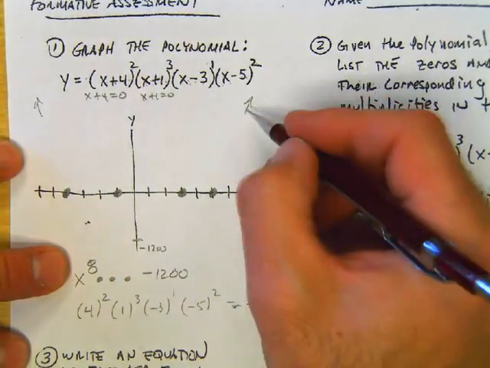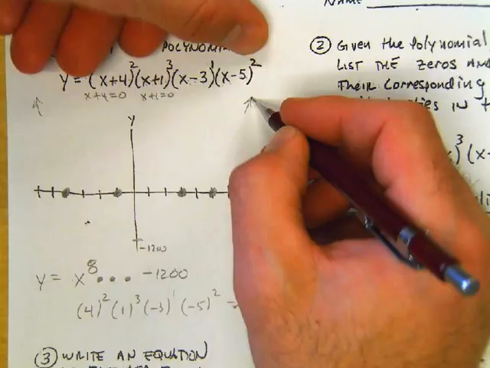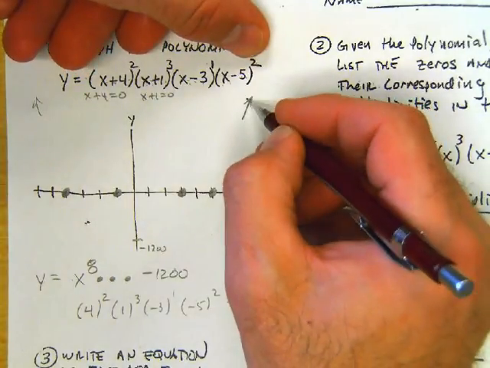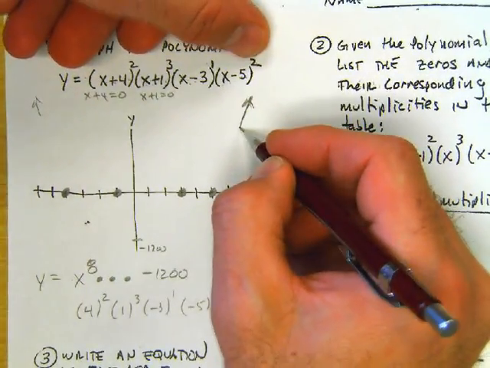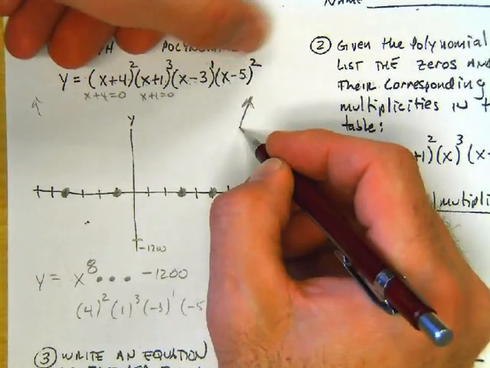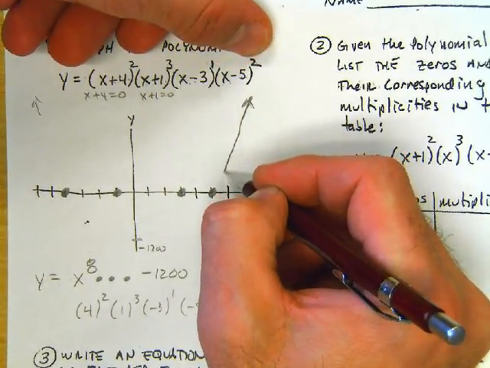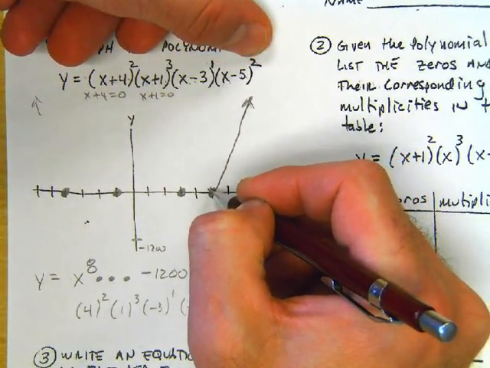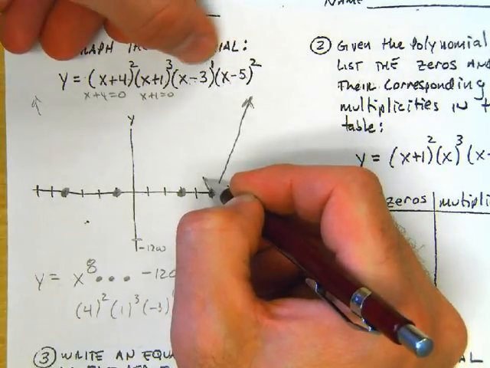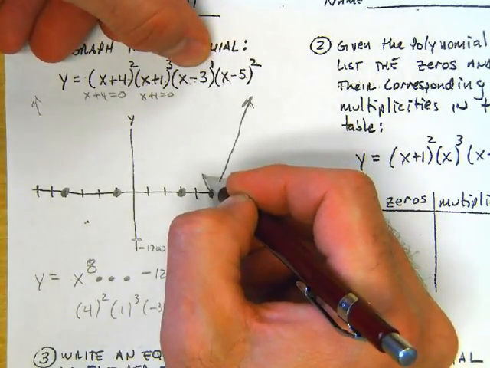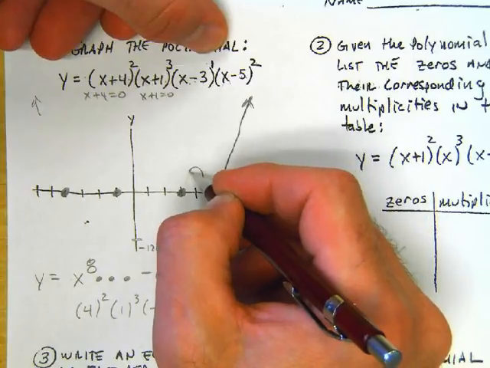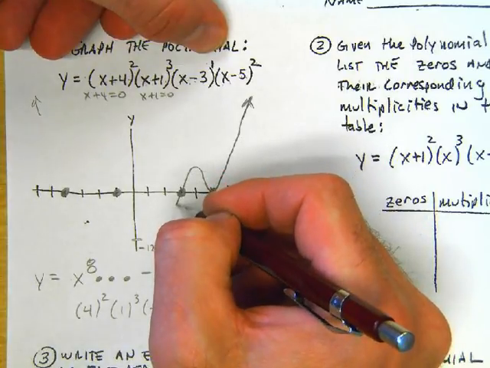So now I'm going to start on the right side. We start right hand up, and as we approach the root at 5, the multiplicity is 2, so it's going to touch and bounce. Then the root at 3 has multiplicity 1, so it's going to go straight through.